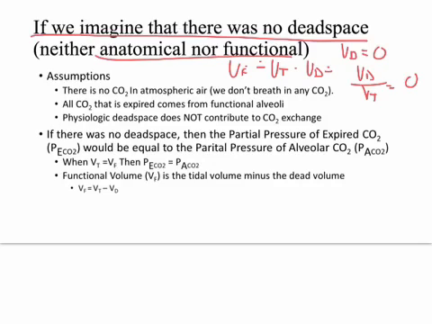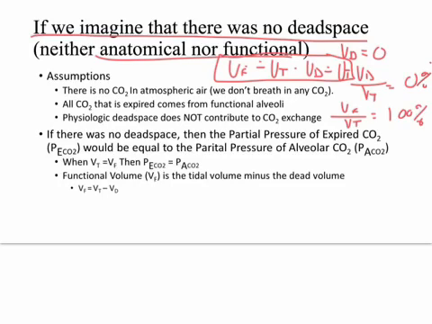So that would equal the tidal volume. So the functional space would equal the tidal volume. And if I did the functional volume divided by the tidal volume, it would equal 1. In other words, 100% of my tidal volume is functional, and 0% is wasted.